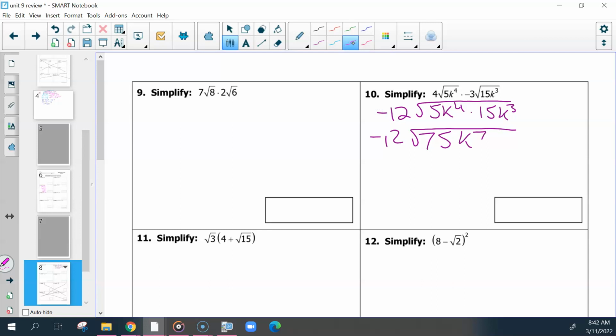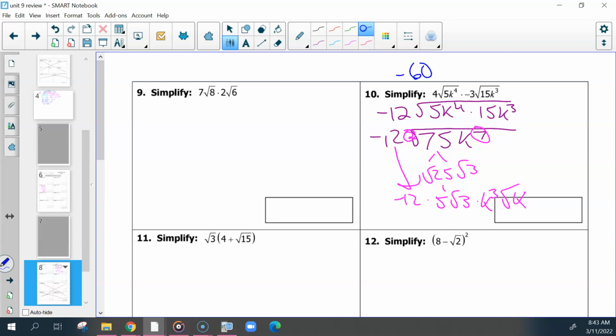Then you can simplify. Highest perfect square that goes into 75 is 25 and 3. So that would be 5 times the square root of 3. And then 2 goes into 7 3 times, with 1 left over. So for multiplying negative 12 and 5, that would give us negative 60. Also on the outside would be k to the 3rd. On the inside, we have 3 and k.